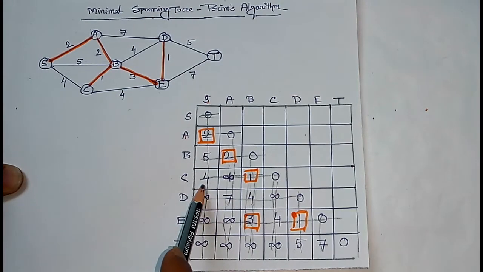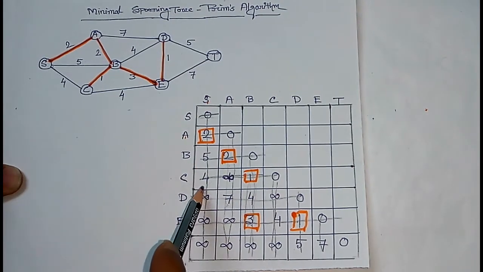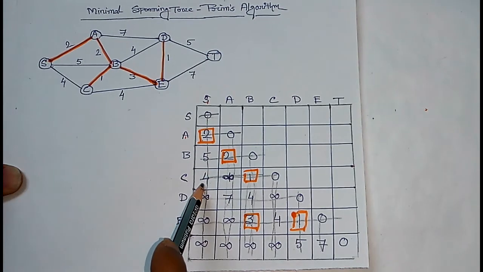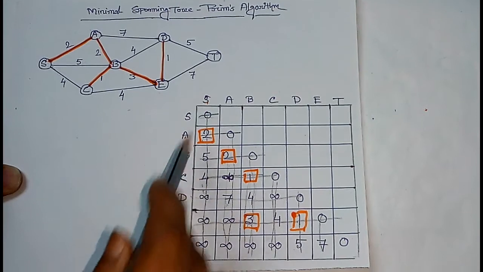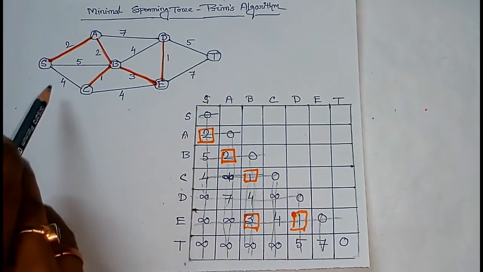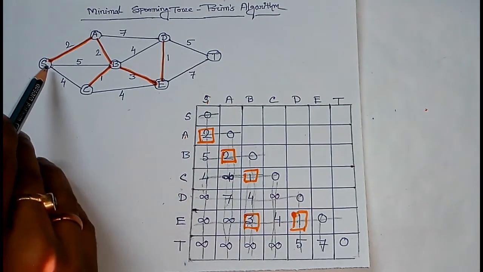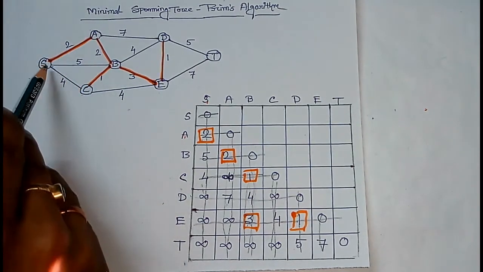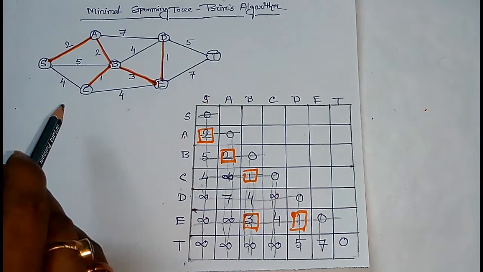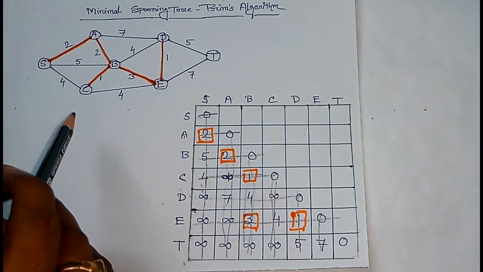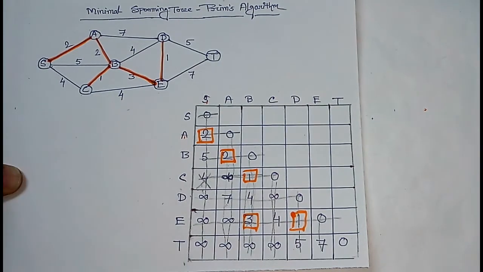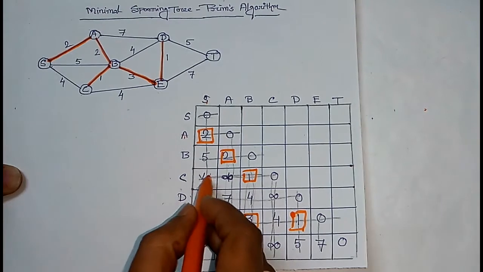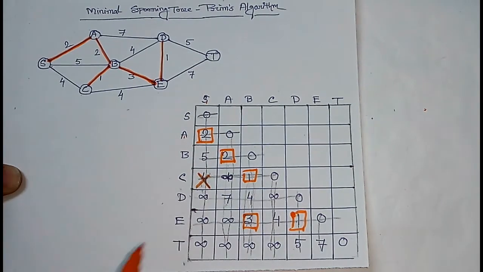First, here in the row of C and column of S. So if we pick this element, then we have to add an edge between S and C. So here we see that if we add an edge between S and C, then S, A, B, C, S will form a cycle, and we know that a tree does not contain a cycle. So we can't add this 4 element.